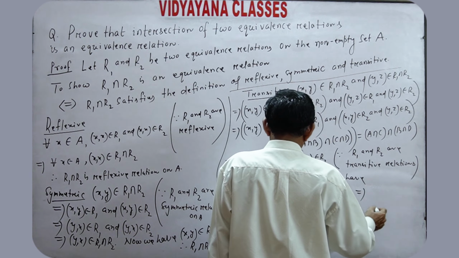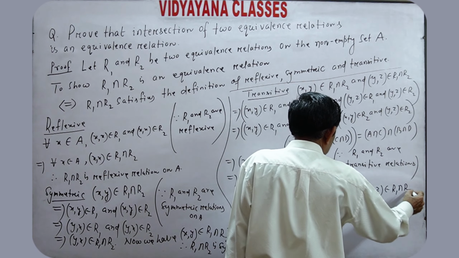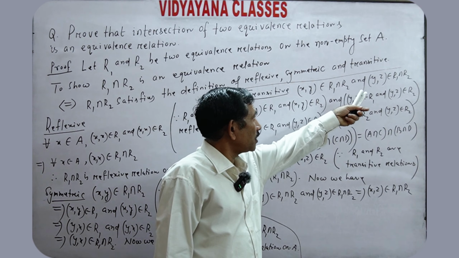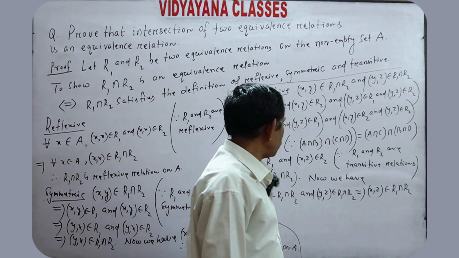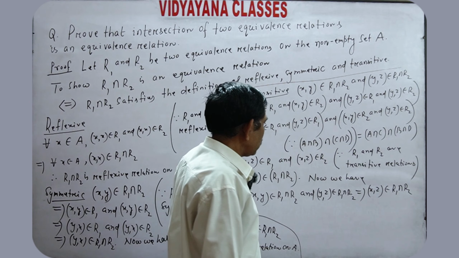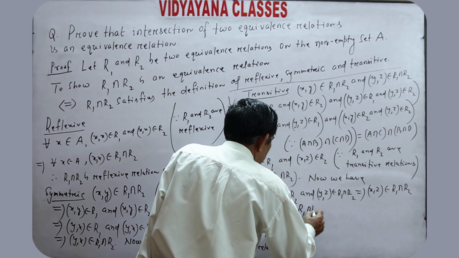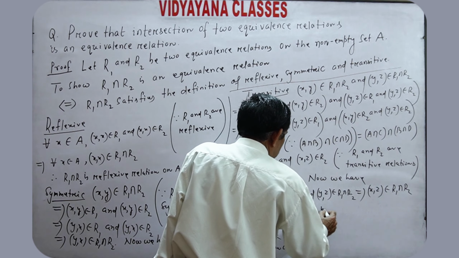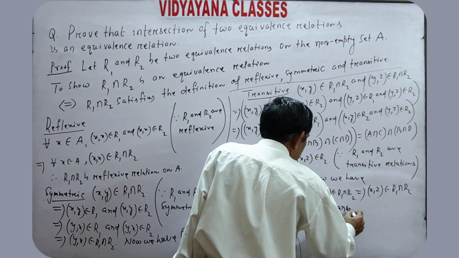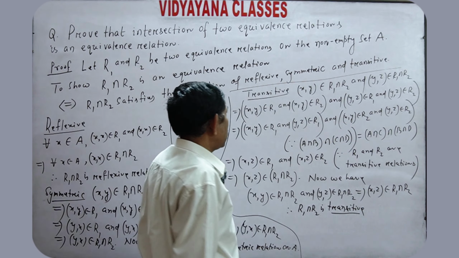That implies XZ belongs to R1 intersection R2. Therefore, R1 intersection R2 is transitive.